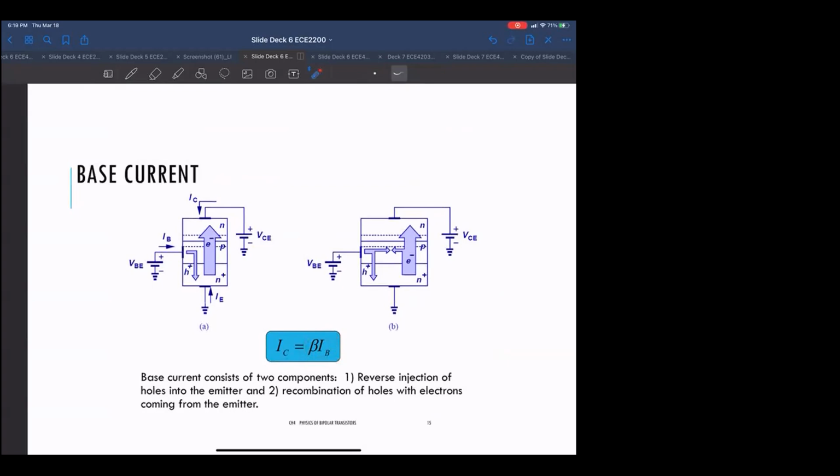And in fact, there is a ratio between the two. So another way to look at it is I sub B is the collector current divided by beta, okay, which is a function of the ratio of emitter N sub D's, or emitter donors, and base acceptors.